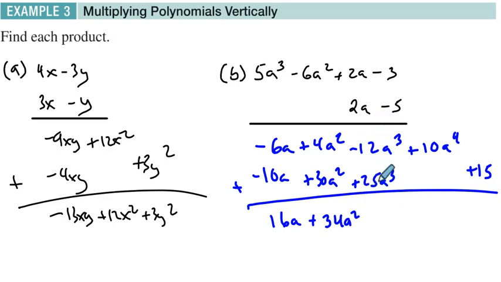Subtract those two right there: 25, 10, 15, so that's 13a cubed. And then there's nothing to combine there, so I'm just going to drop both of these down: 10a to the power of 4 and 15. Okay, and that should do it right there.